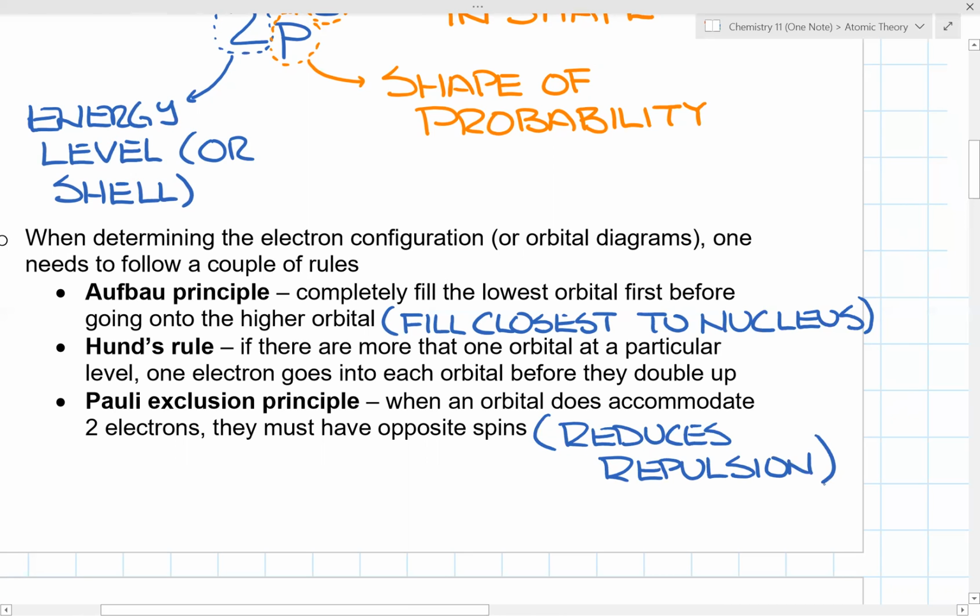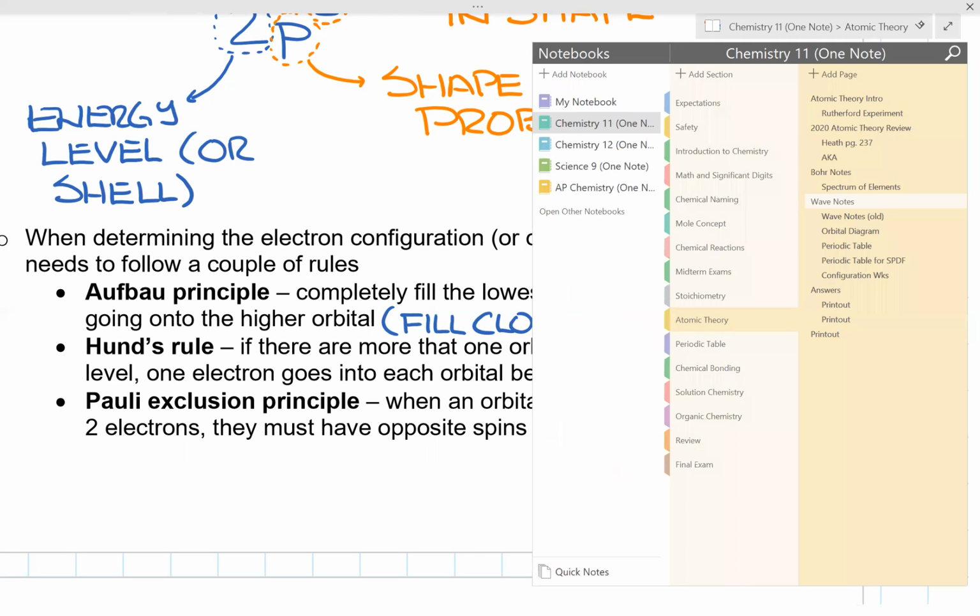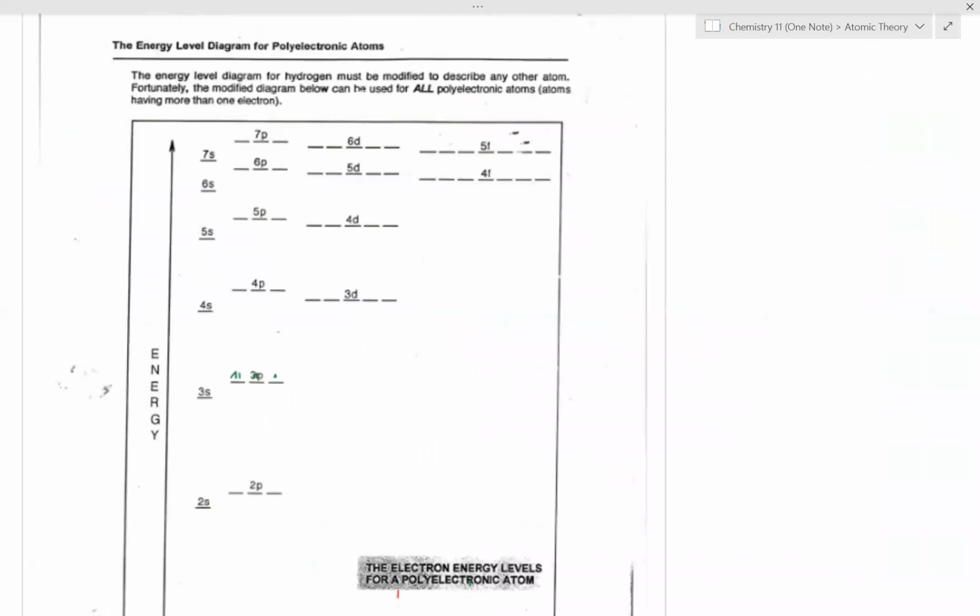Okay, it's like putting the north and the south of a magnet together. It reduces the repulsion. You do not put a north and north together or south and south together. Now, at this point, what I would recommend is for you to take a look at this particular page that's been in your handout. This is what you call an orbital diagram.